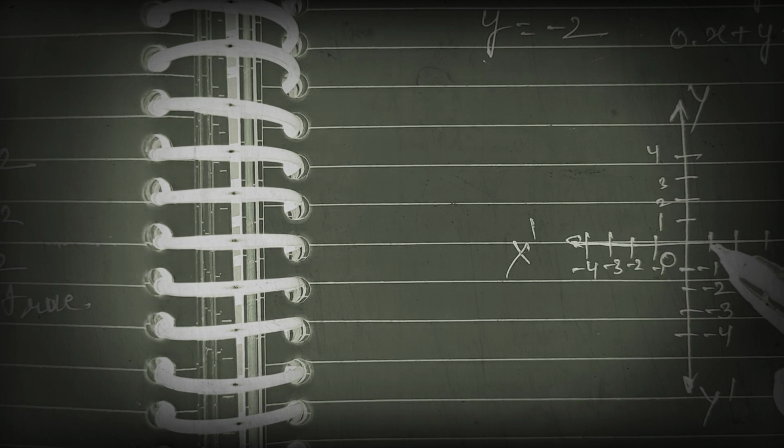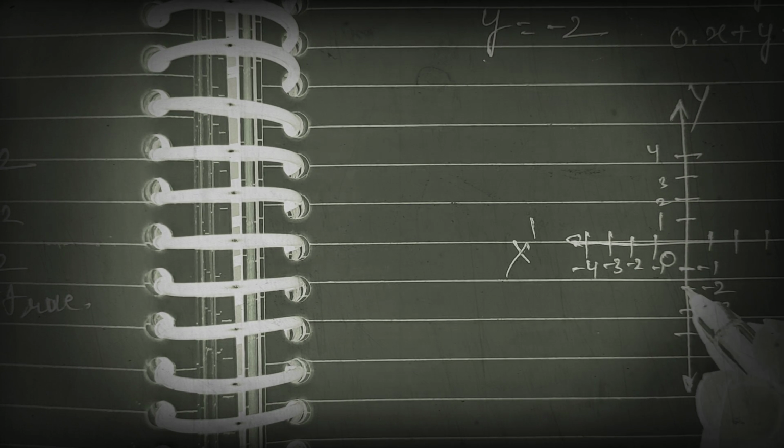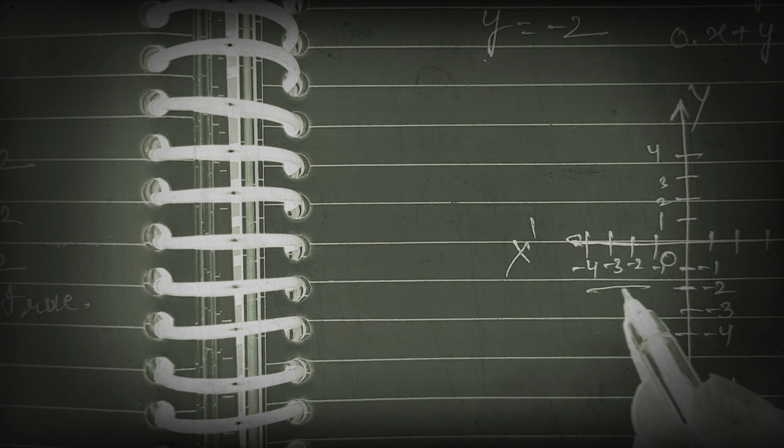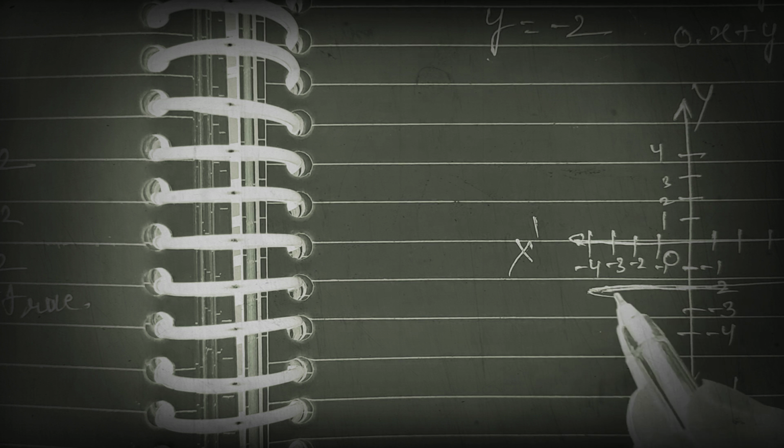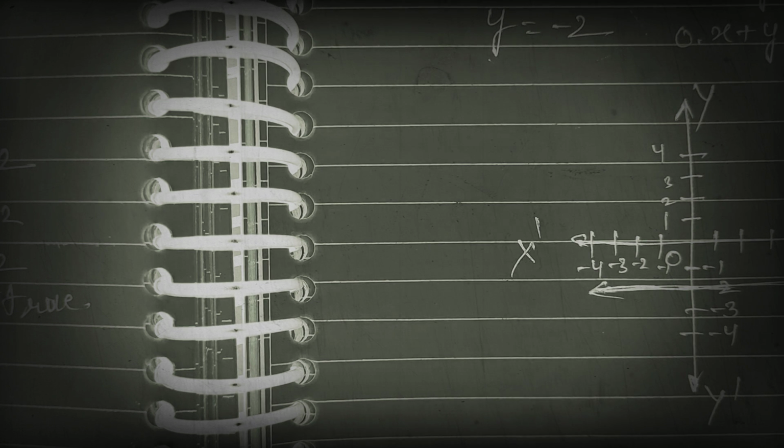Is it clear? Now y is equal to -2, which is parallel to the x-axis, and it passes through -2. Use a scale for showing this. This is the graph of y is equal to -2.